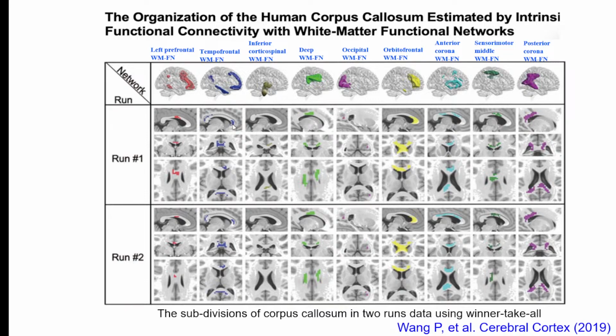And similarly, a number of other networks, right? So first, we could find white matter networks in the brain. Secondly, these happen to correlate to specific parts of the corpus callosum.